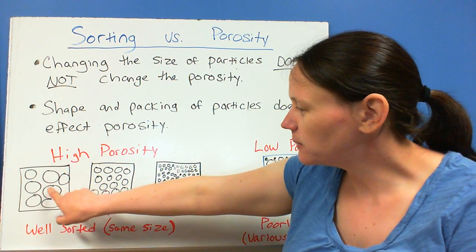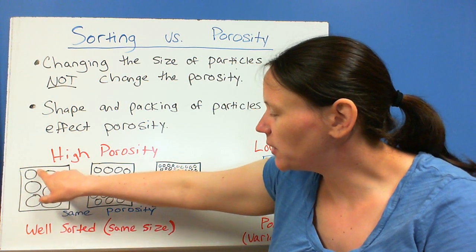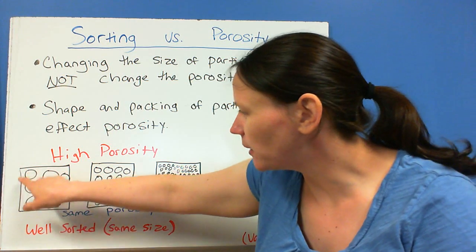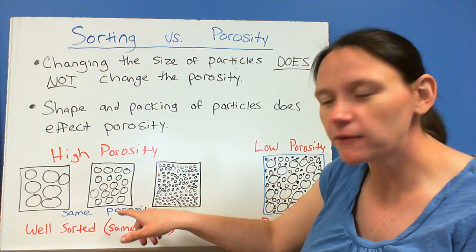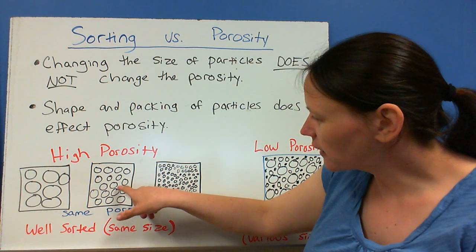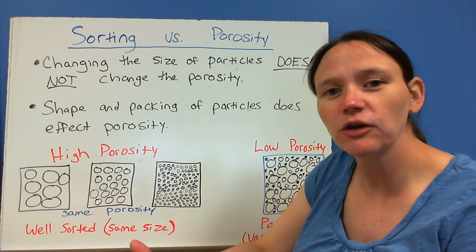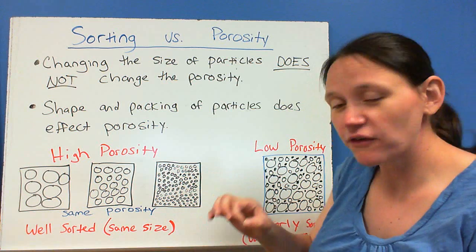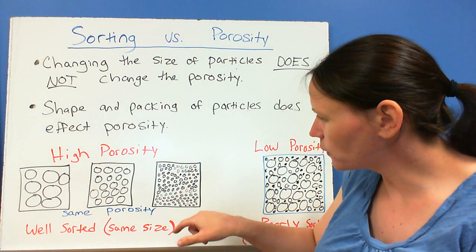So over here we have a lot of big ones with a lot of big pore spaces. There's not as many pore spaces, but they're very big. We go to the next one. The size of the particles is a little bit smaller, but the number of pore spaces that you have is a little bit greater. And then you go over here, and the particle sizes are very small, and you still have a lot of tiny little pore spaces.